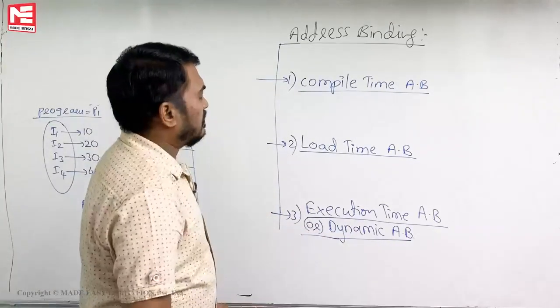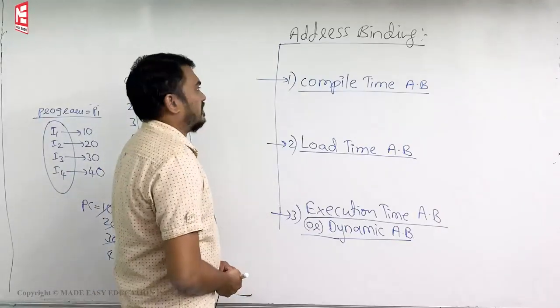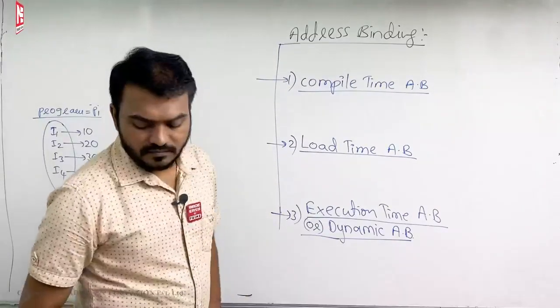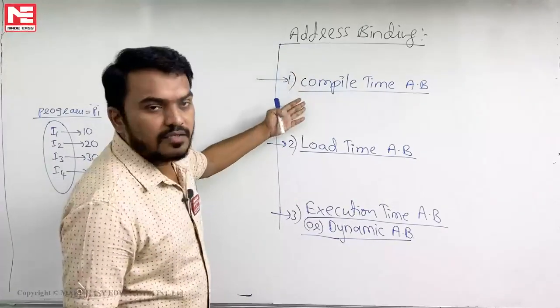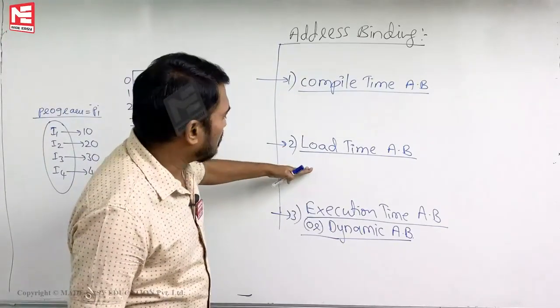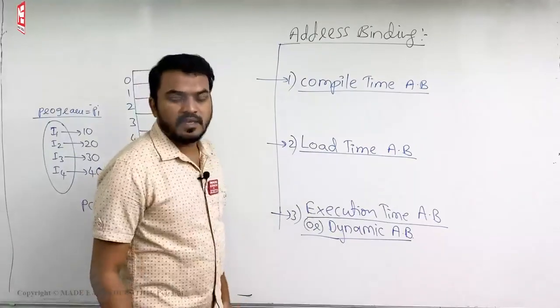Copy this: address binding is categorized into 3 types: compile time address binding, load time, and execution time address binding.